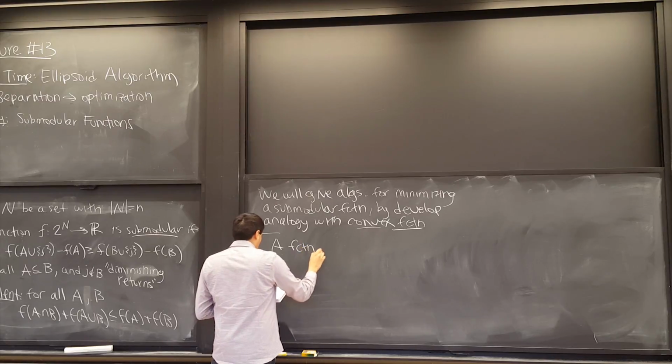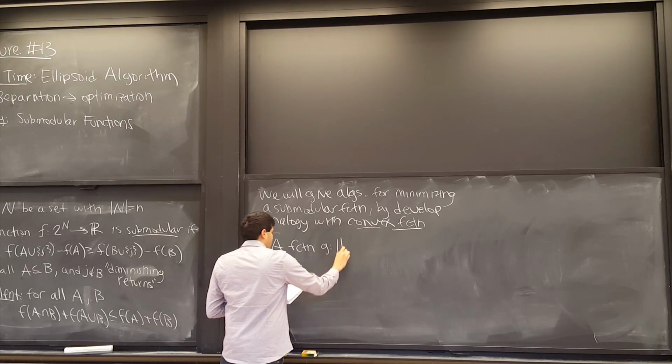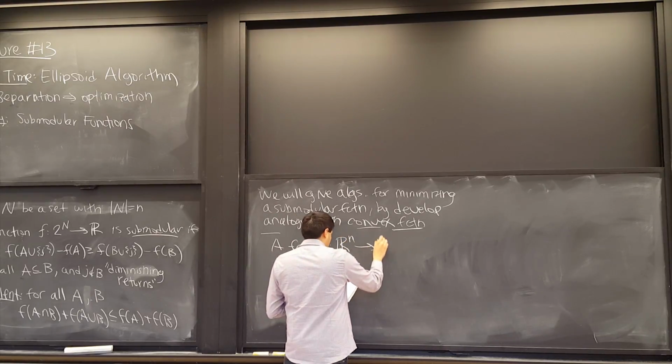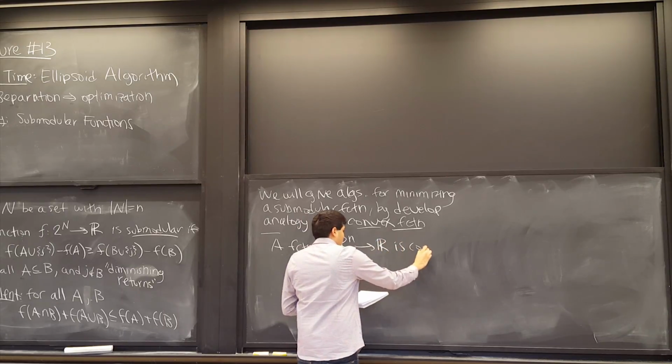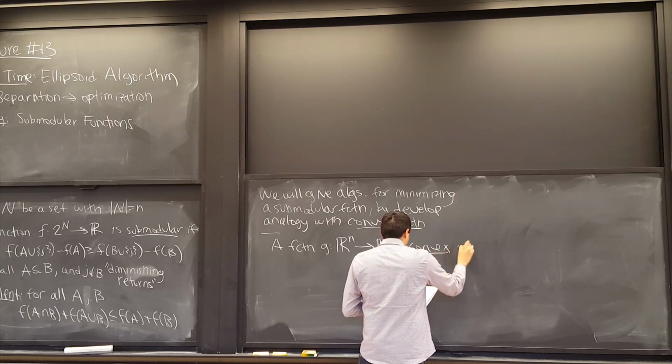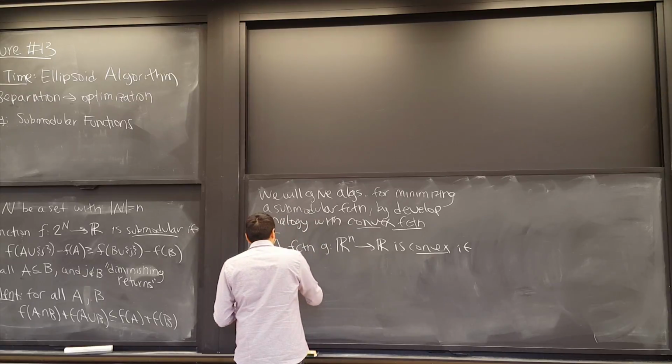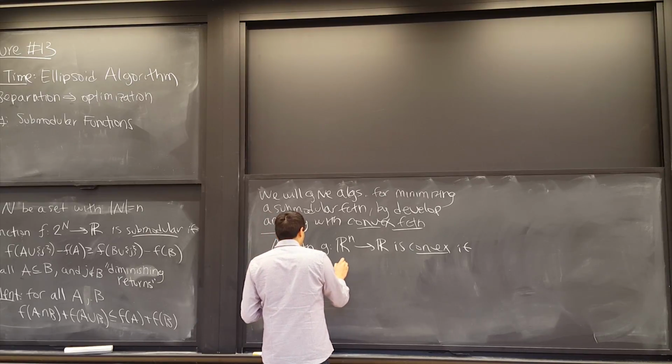So a function, let me call it G, and let's say it's from Rn to R. Well, it's convex if we have the following property: for any lambda in the interval 0, 1, we take any values, x and y.